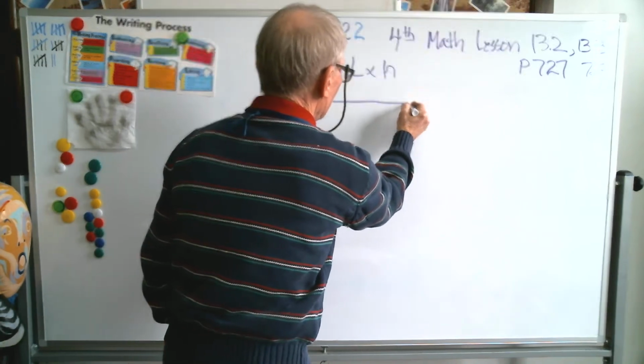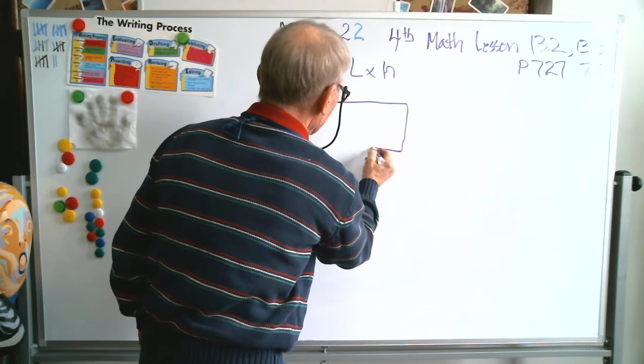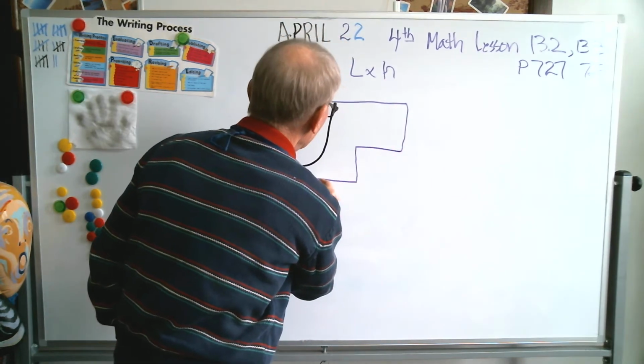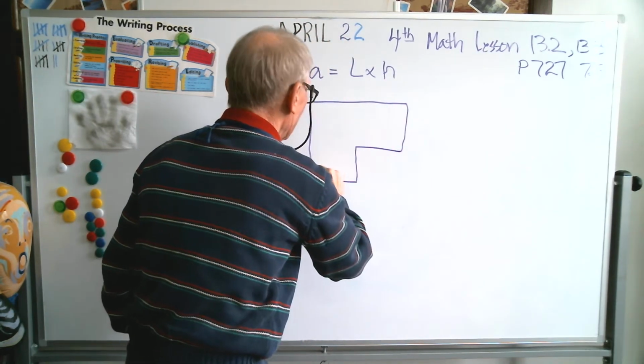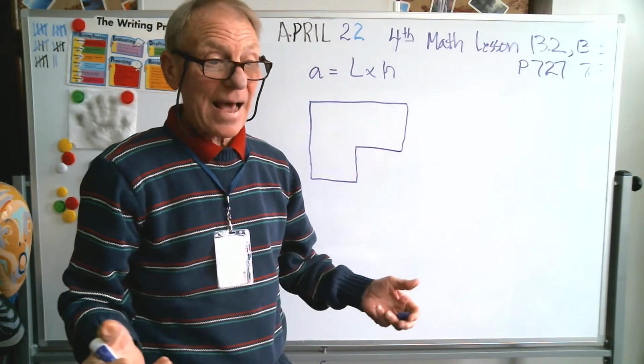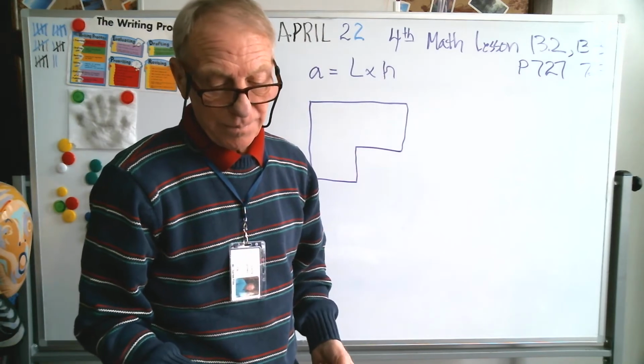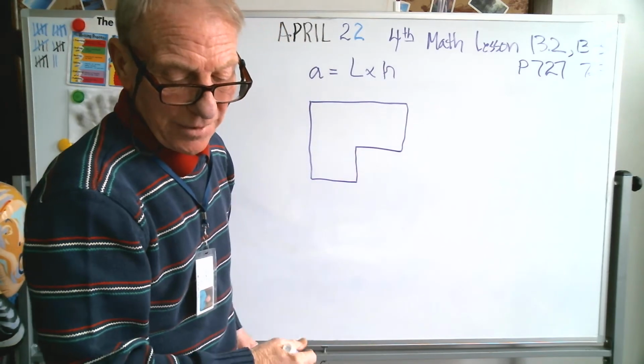Now, let's just draw that garden, because when you have a shape like that, and you want to find out what the area of that odd shape is, there's a couple ways you can do it. Let's put in the dimensions.